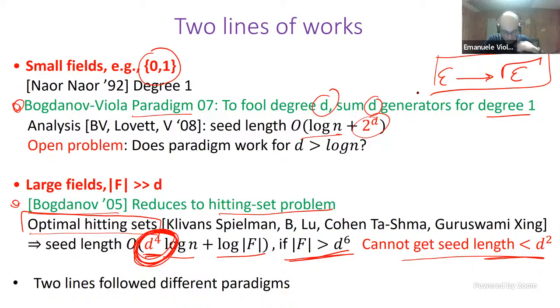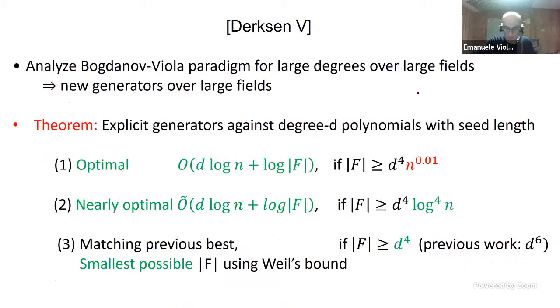Okay, so these two lines have followed different paradigms, and I want to talk now about this work with Dirksen, a mathematician at Northeastern. We were actually able to analyze this Bogdanov-Viola paradigm for large degrees.